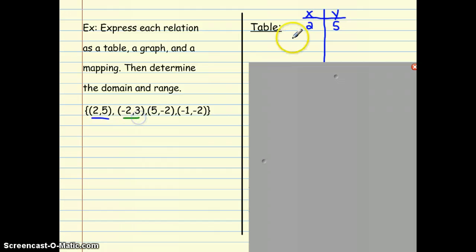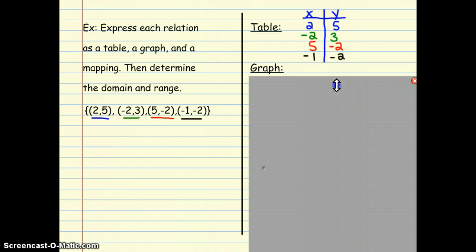This negative 2, 3. This point here, 5, negative 2. And our last point, negative 1, negative 2: negative 1 is our x, negative 2 is our y.